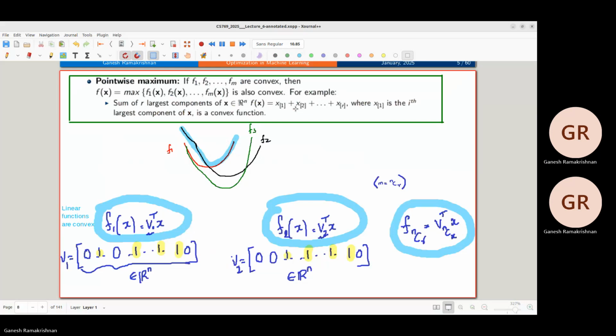If I just look at this form, f of mu x1 plus 1 minus mu x2. Now, f is the max of multiple functions, and each of those functions is convex. F1 of this convex combination is less than or equal to the convex combination of F1s. F2 of this convex combination is less than or equal to the convex combination of F2s.